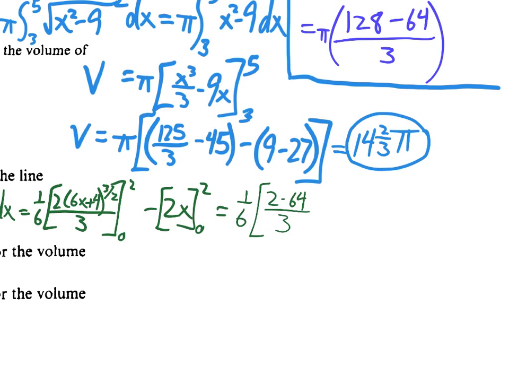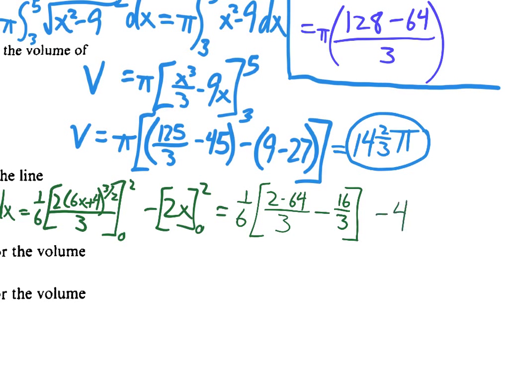And then I have to subtract this evaluated at 0, which is just going to be 4 to the 3/2, which is 2 cubed, which is 8, times 2/3 is 16/3. And then the minus 2x evaluated from 0 to 2 is just going to be a minus 4.